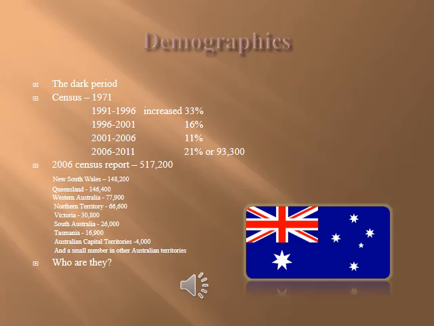Life expectancy for the general population for the years 2005 to 2007: for males 78.8 years of age, females 82.6. For the Aboriginal males, it was 67.2 and females 72.9.